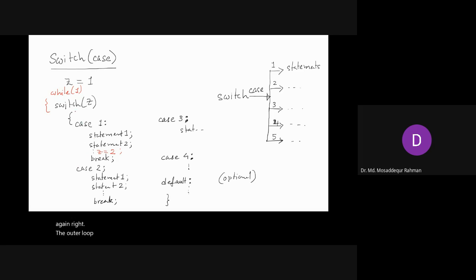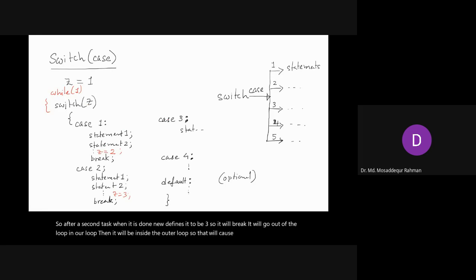So again, it will enter this switch command, it will carry out the second task. After the second task is done, you define z to be 3. So it will break, go out of the inner loop, then be inside the outer loop. That will cause the program to jump to case 3.